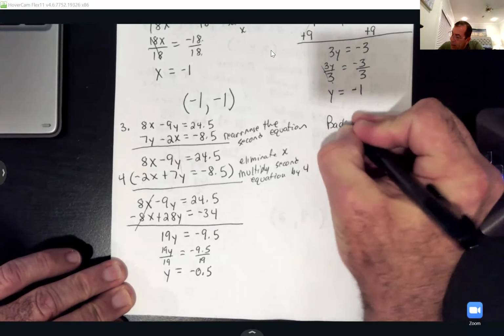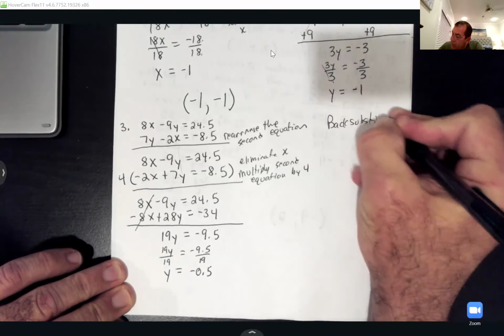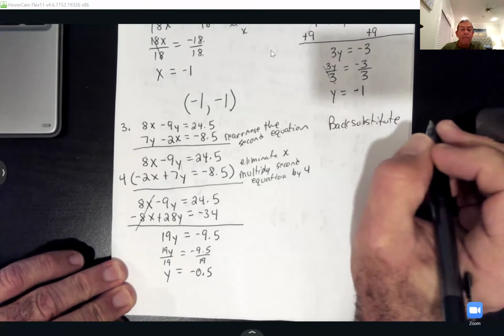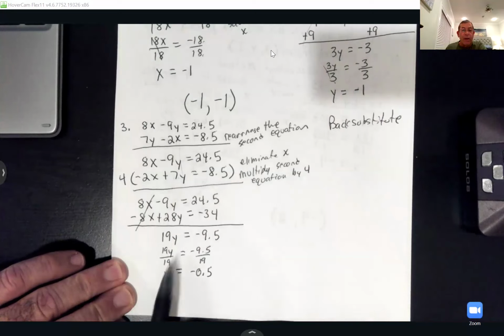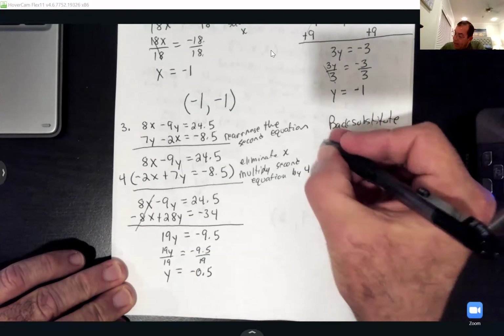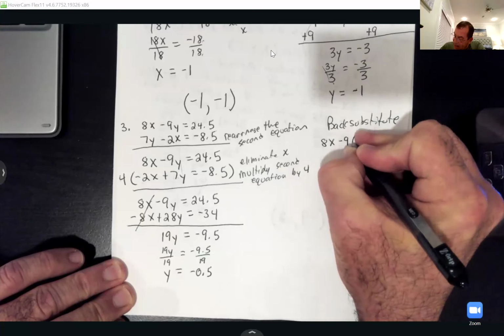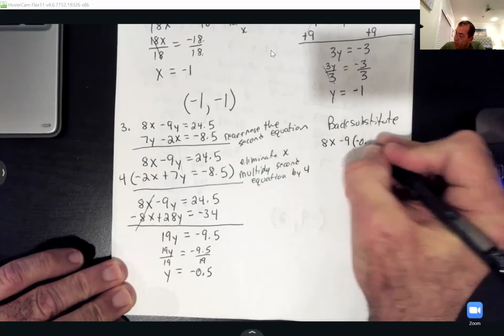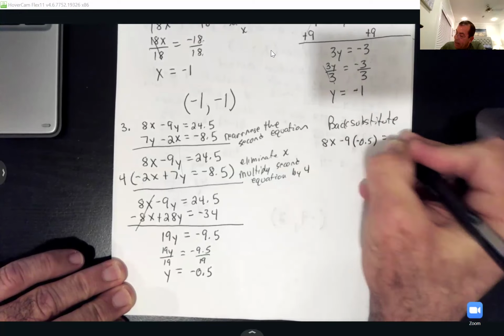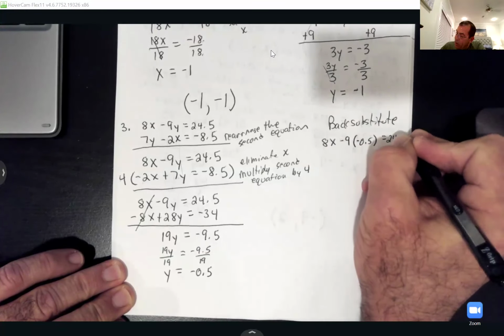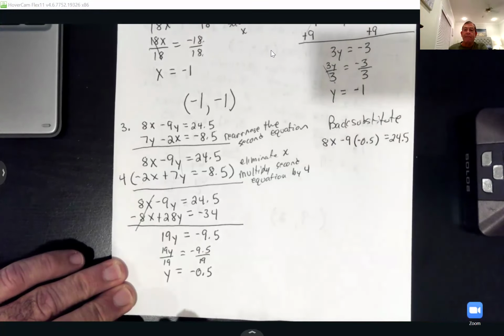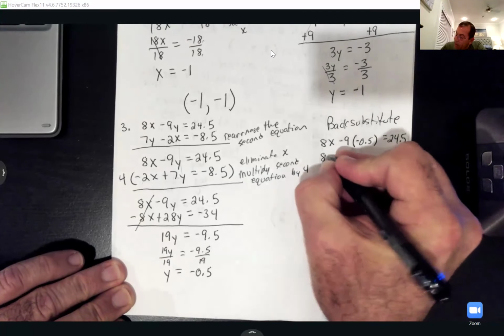So now we're going to back substitute. I'm just going to use my first equation. So I have 8x minus 9 times negative 0.5 equals 24.5.